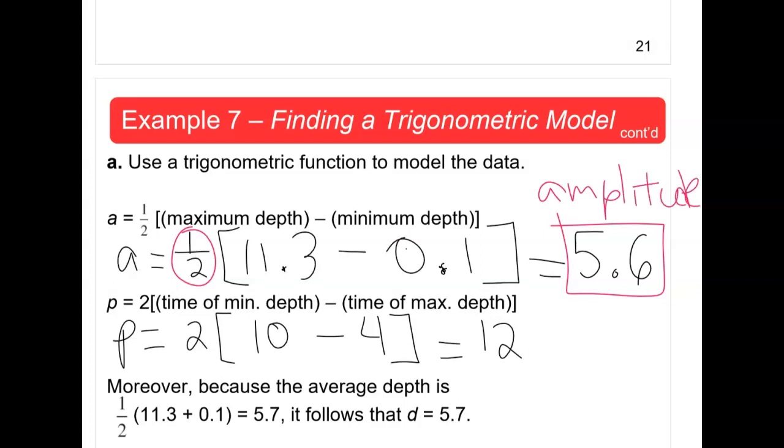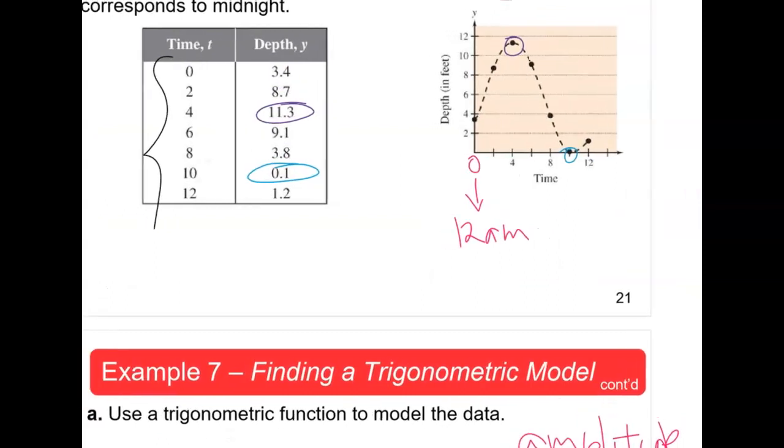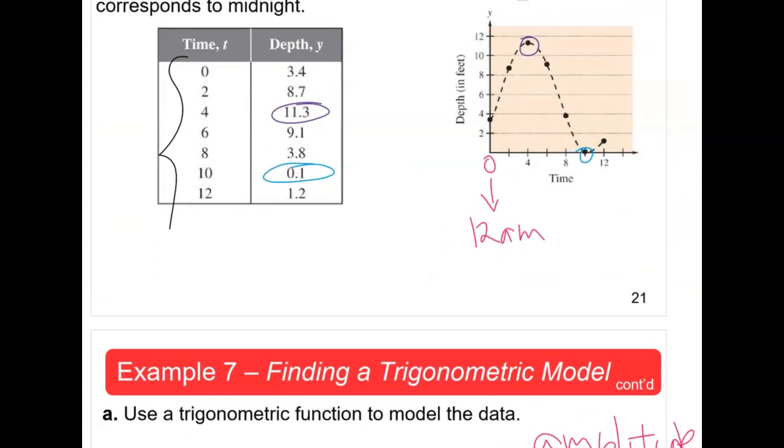Now we have to find the period. I'm going to go back to the graph. If we look at the table, the x values for which we have the maximum and the minimum are at 10 and at 4. I'm going to use a different color.